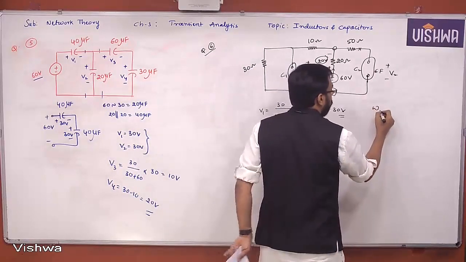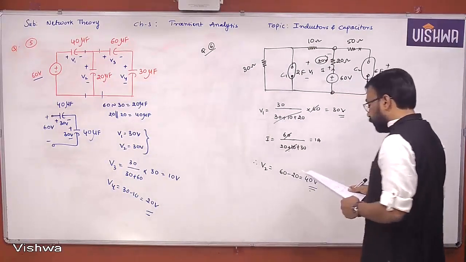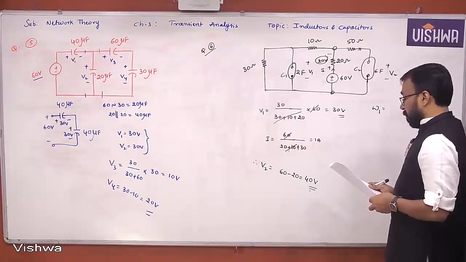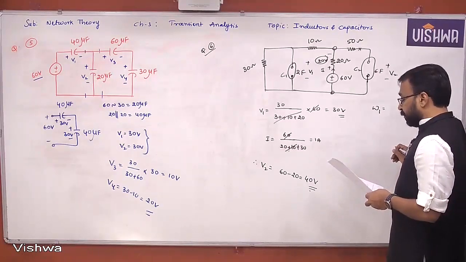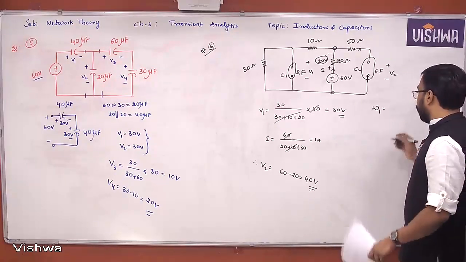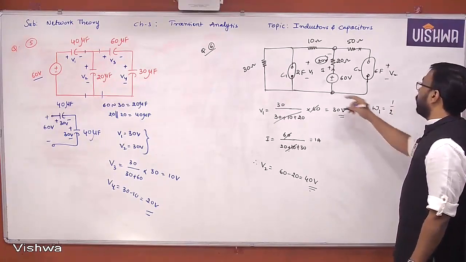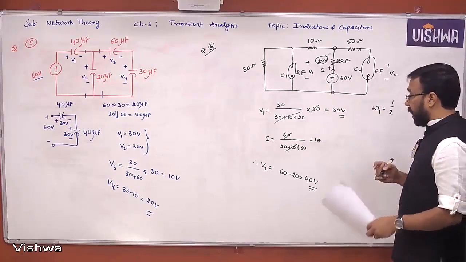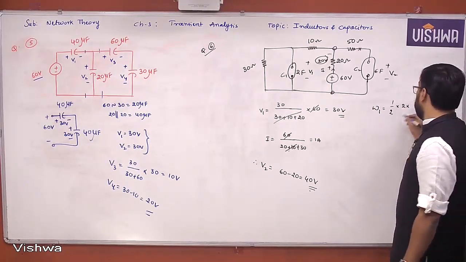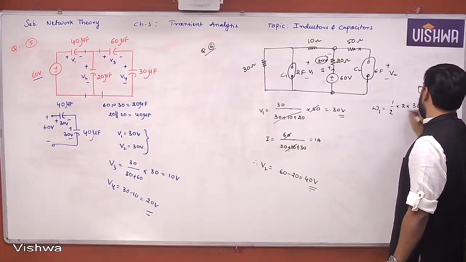So W1 will be, what is W1? Half C1. What is C1 actually given? 2 farad, right? So half into 2 farad into V1. What is V1? 30. 30 square.